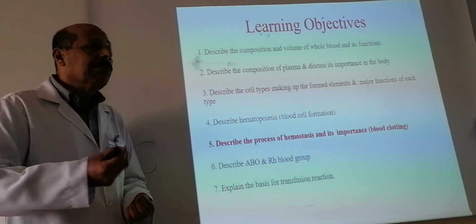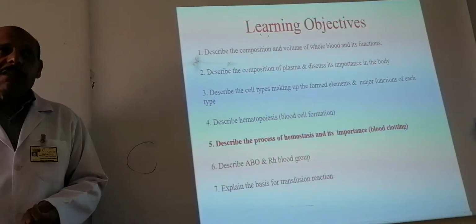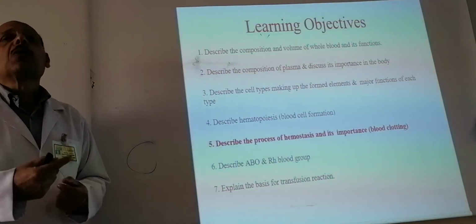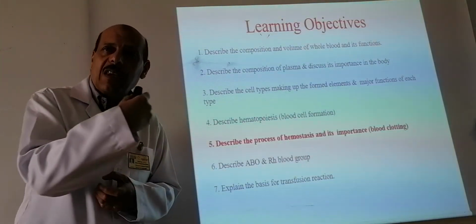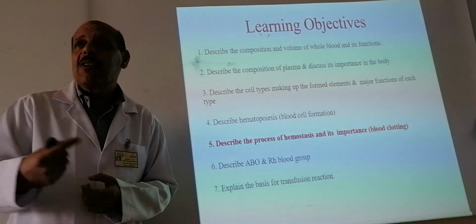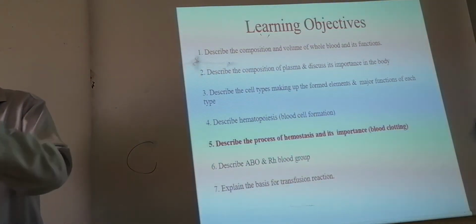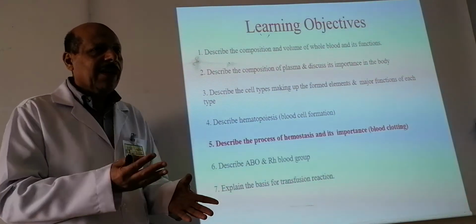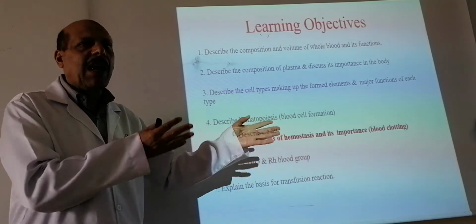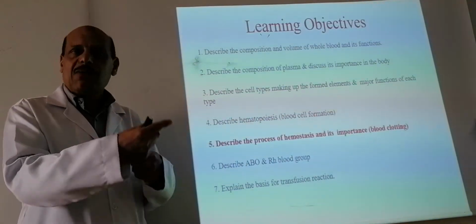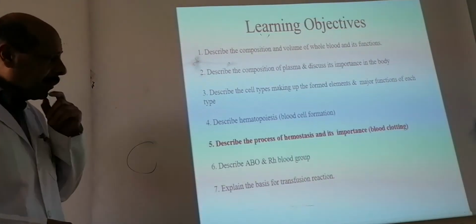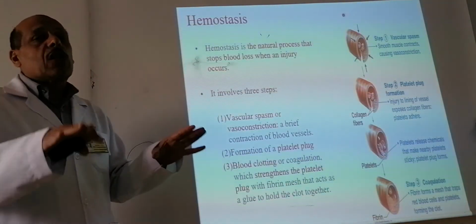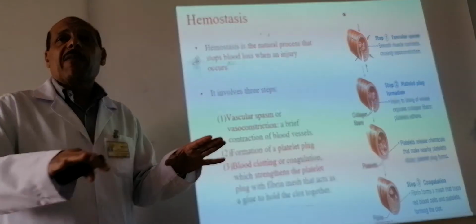There should be measures that start physiologically when there is an injury, for the continuation of the life of the cell and of the human body or creature, because all human bodies and animals have blood, and that blood has the same function in their bodies. So hemostasis should be there in order to prevent blood loss.